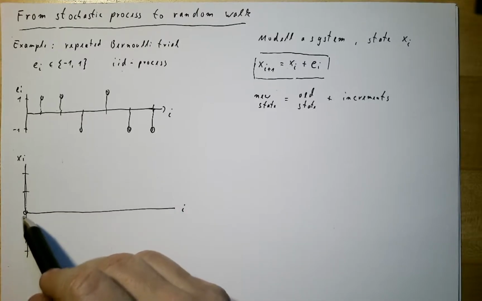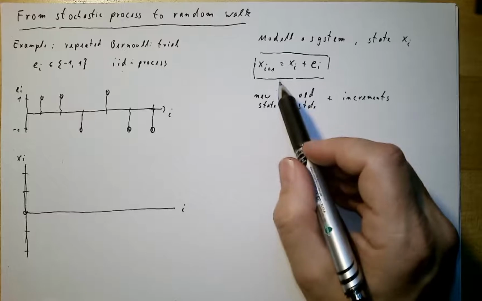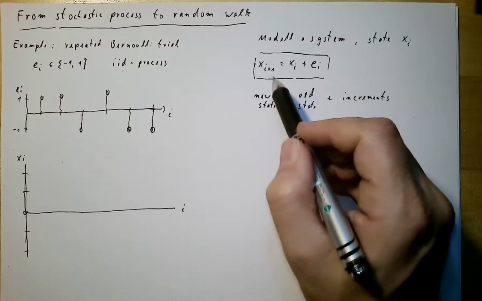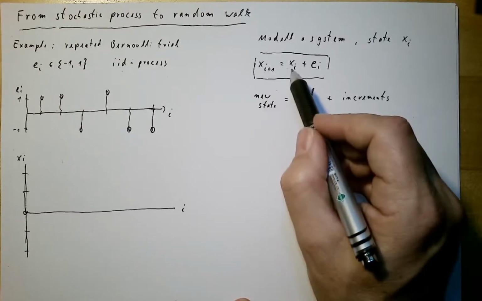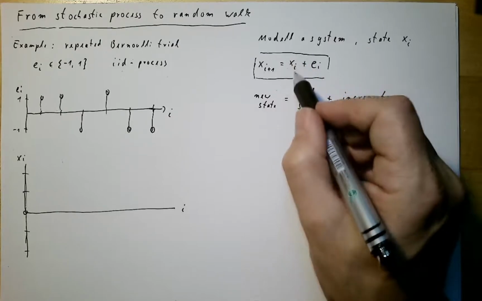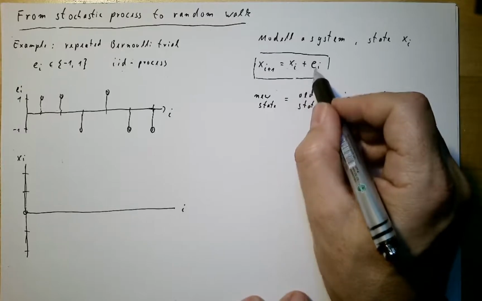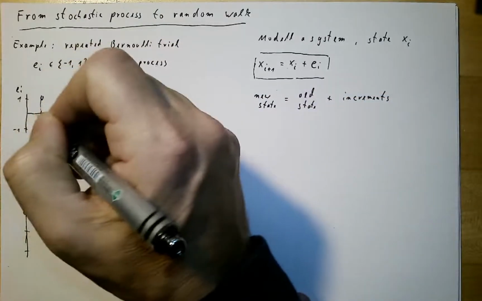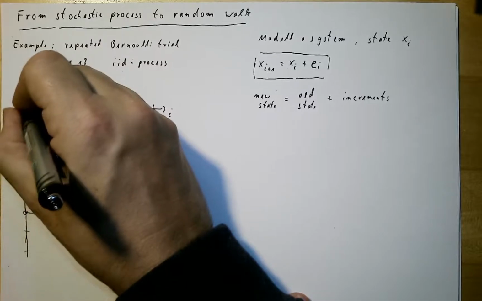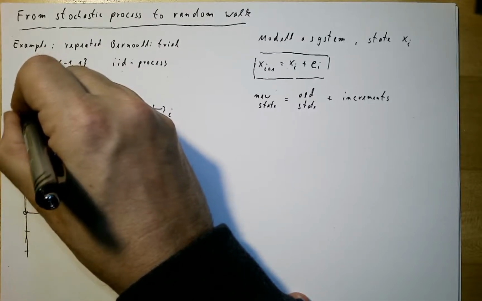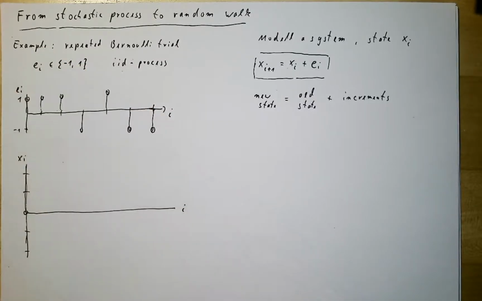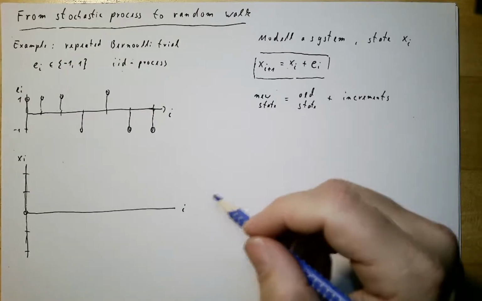And then what is x at time point 1? It's x_0 plus the increment at time 0, so we need also an increment at time 0. Let's assume here the increment was also positive, so that we can better see it.